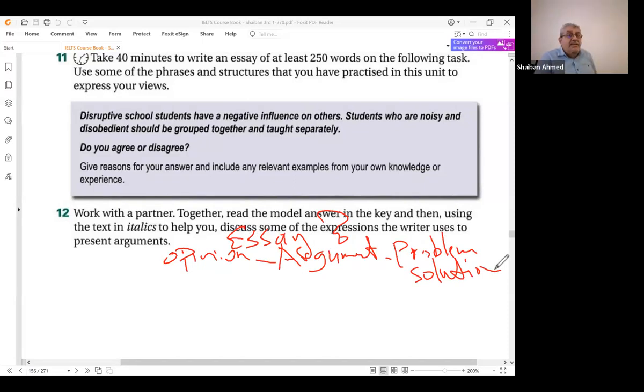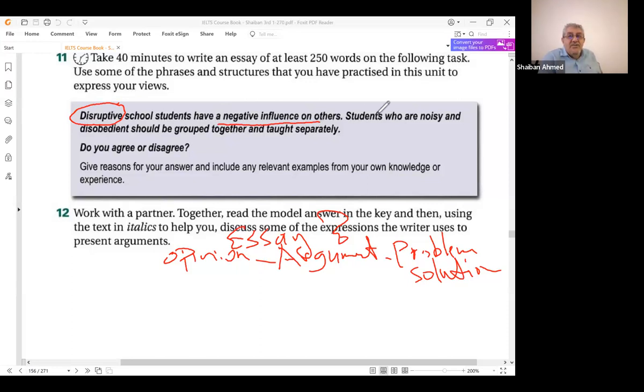Now, disruptive school students. Disruptive means not only noisy, they make noise, they make fights, they make problems. Okay, disruptive school students have a negative influence on others.